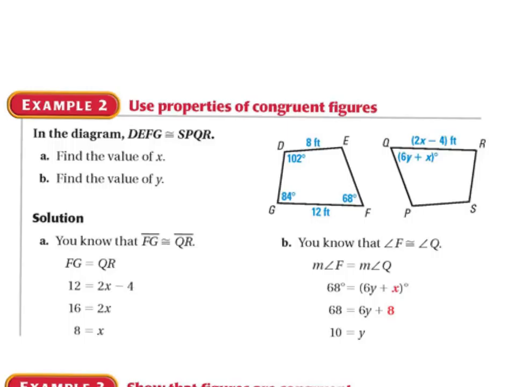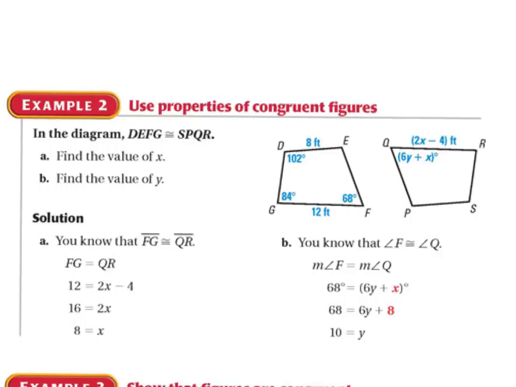Okay, so we have example 2 here. It gives us, in the diagram, DEFG is congruent to SPQR. So again, you can see they're not lined up here, but we can see pretty clearly what parts are corresponding to each other.